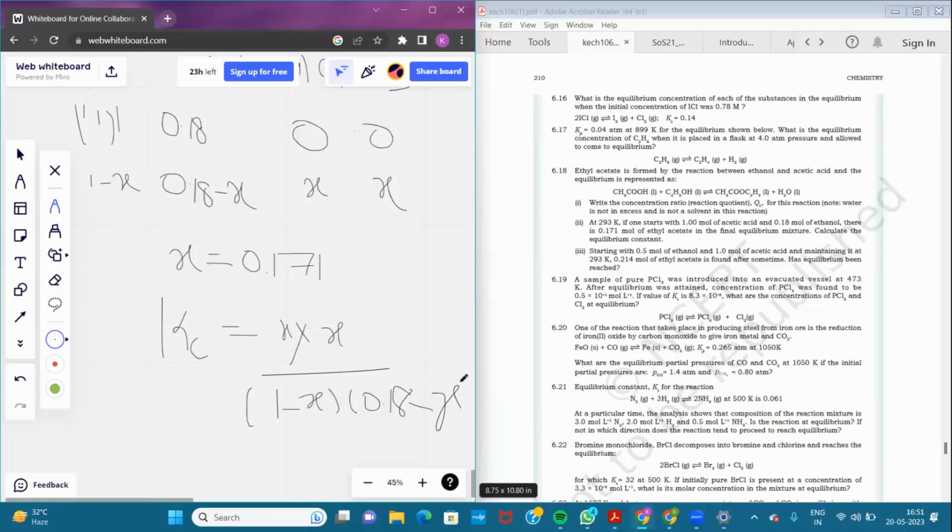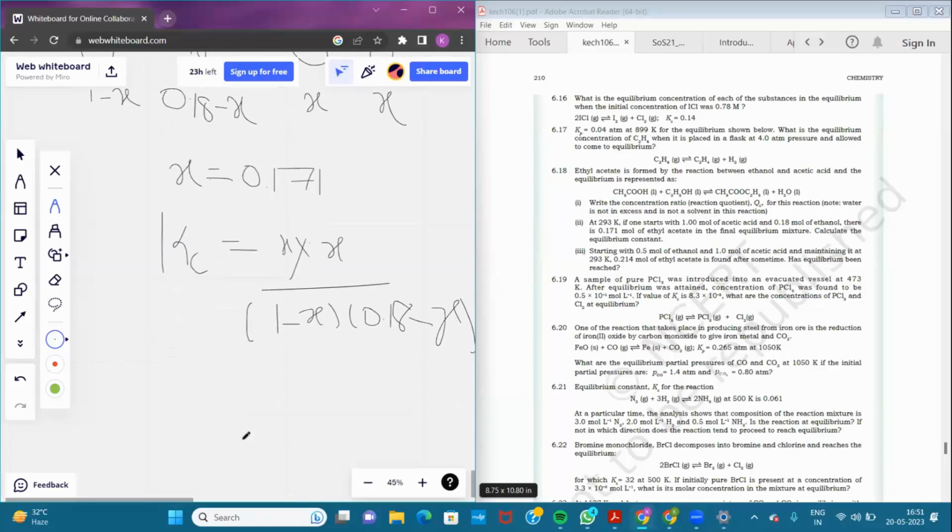After substituting, you will get the equilibrium constant value as 3. Observe here, there are no units for Kc as they get cancelled in the numerator and denominator. Okay.